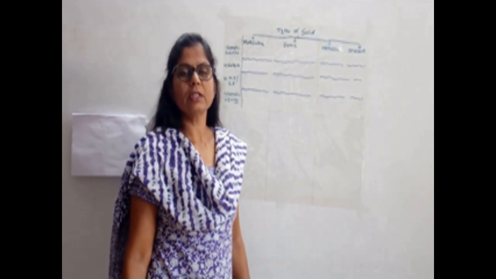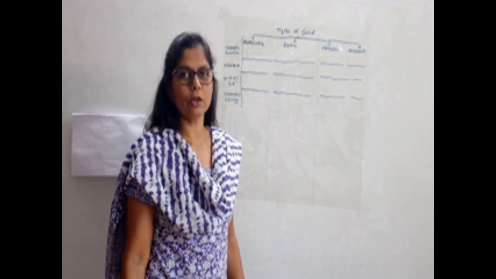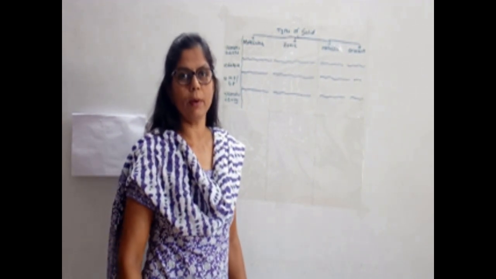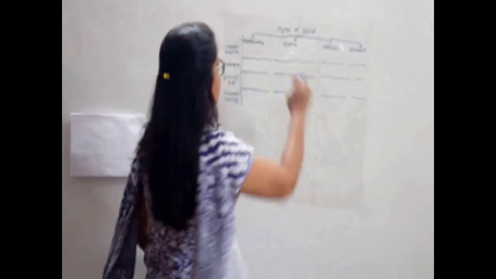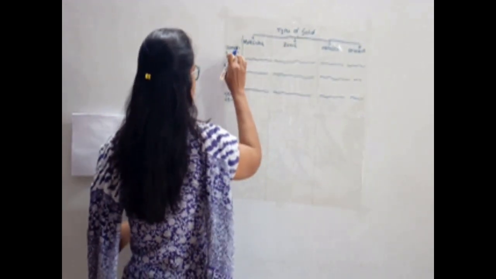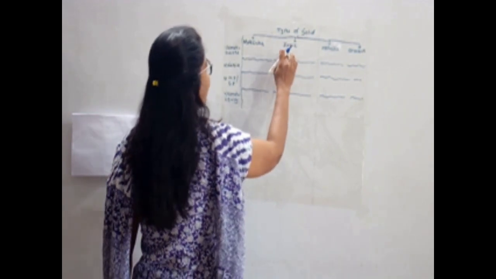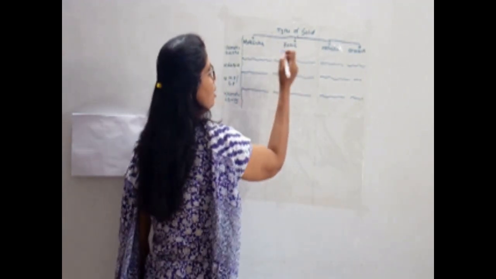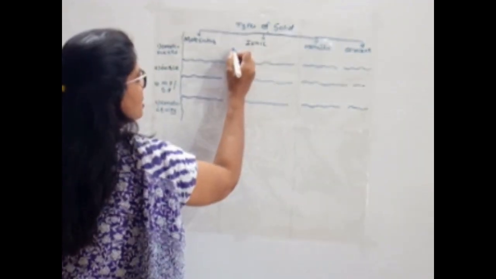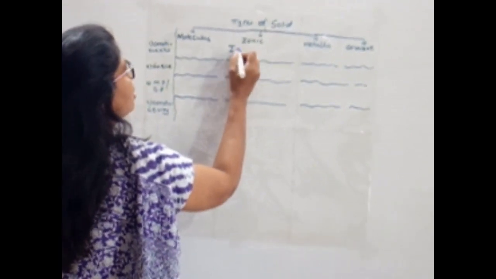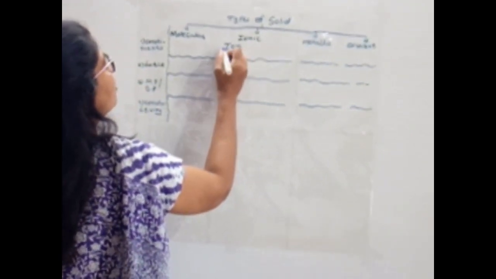So students, out of these we'll study the ionic solid first. We will discuss each property for the ionic solid. The first one is the constituent particle. As it is an ionic solid, the constituent particles are ions. Give me an example of ionic solid.